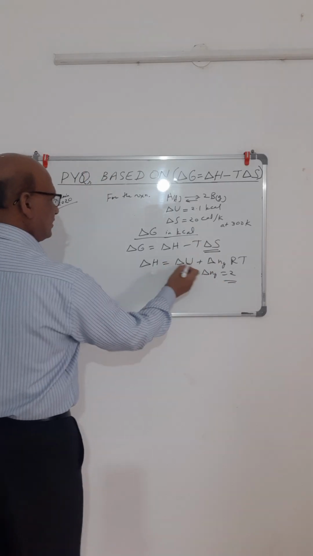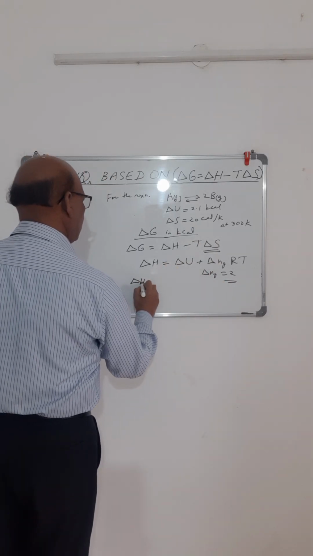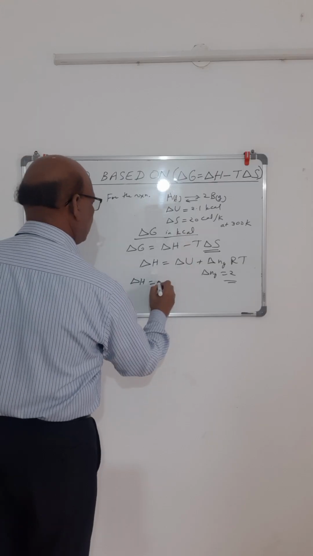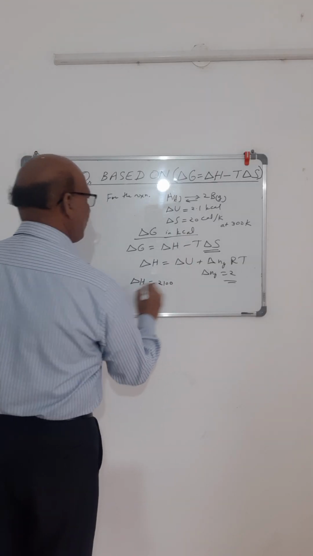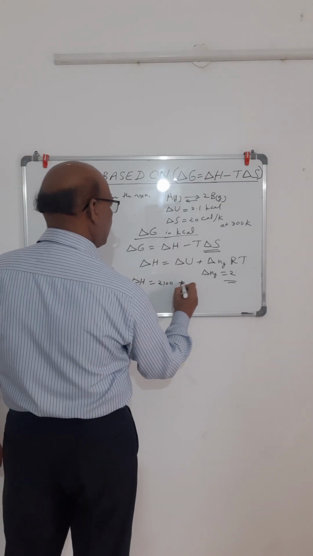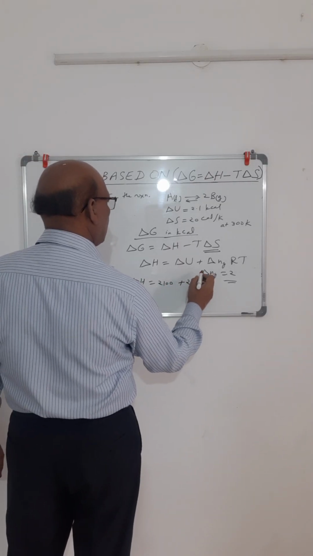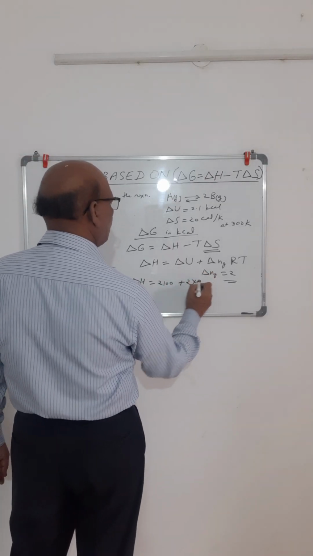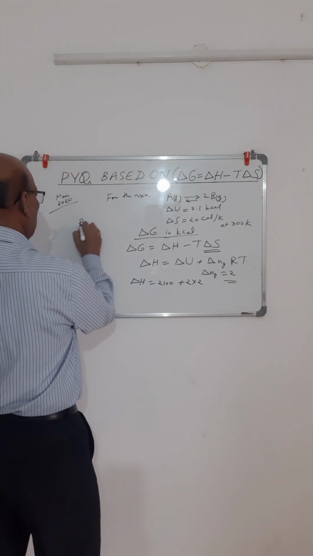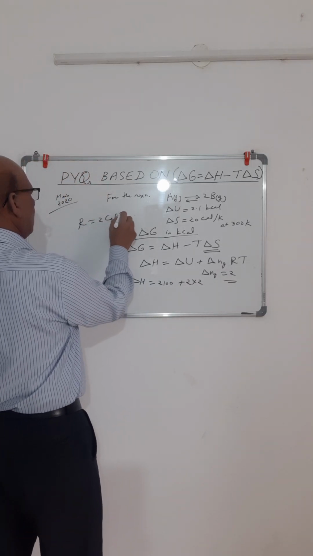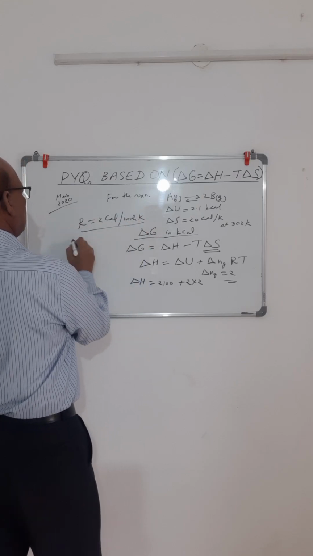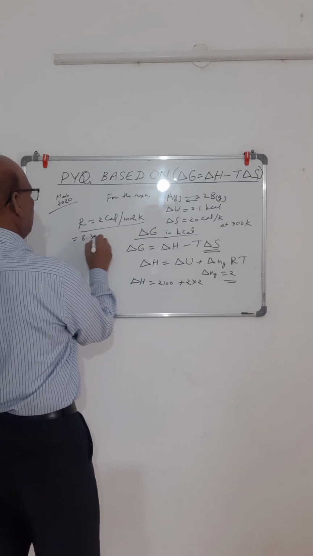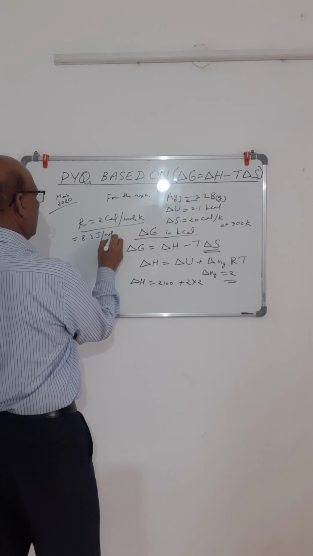Now delta H will be delta U, that is 2.1 kilocalorie, which is 2100 calorie, plus delta Ng, that is 2, into R. R we can take as 2 calorie per mole Kelvin, which is also 8.3 joule per mole Kelvin.